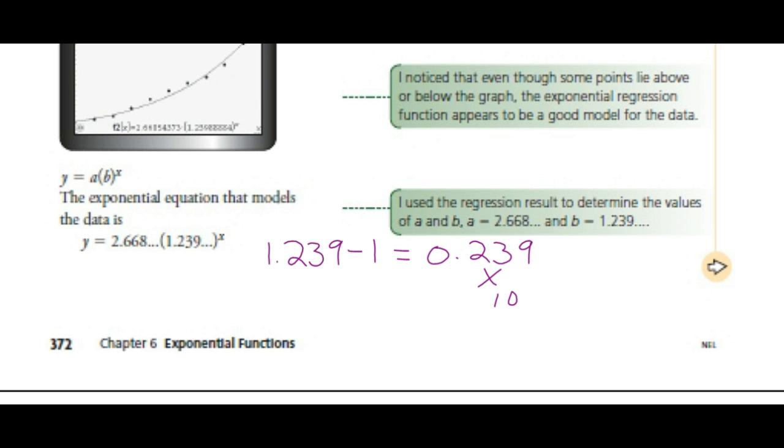We want to turn that into a percent. We multiply by 100, giving us 23.9%. That's saying from 1871 to 1971, we had a population growth rate of 23.9% per year. A lot more growth. There's a lot of immigration.